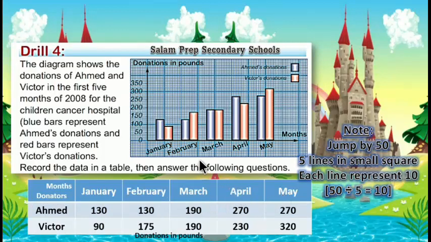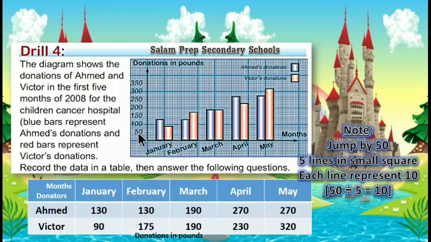Please look at the paragraph. At the horizontal axis, observe January, February, March, April, May. Months, okay? The label on the table: months January, February, March, April, May.